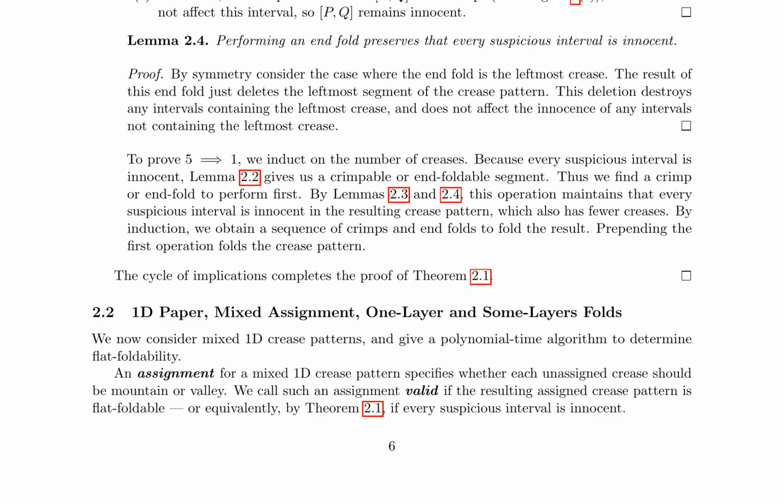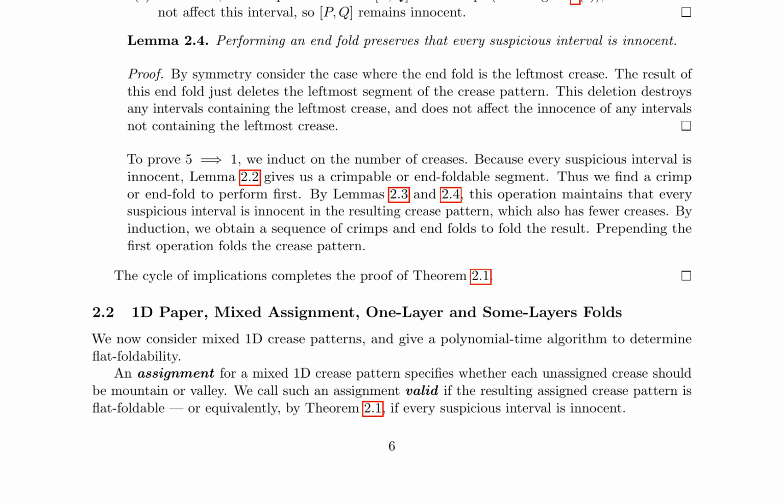Lemmas 2.3 and 2.4 demonstrate that both crimp and endfold operations maintain the innocence of suspicious intervals. This is achieved by analyzing different cases for the location of the crimp or endfold relative to the suspicious interval in question. In each case, it is shown that either the original suspicious interval remains innocent or a new suspicious interval emerges, which can then be addressed through further crimp or endfold operations.